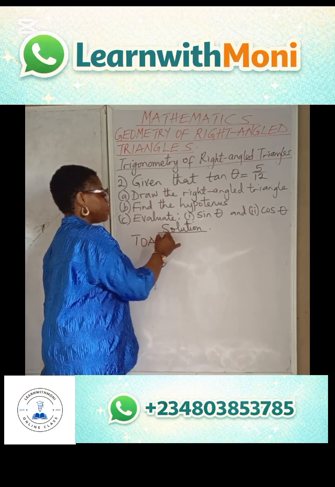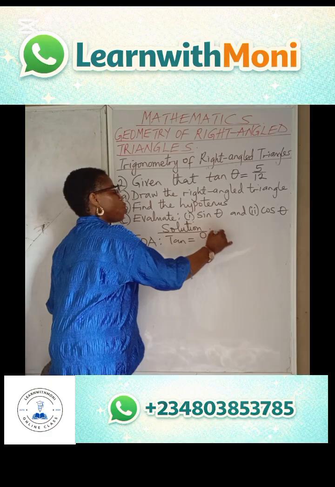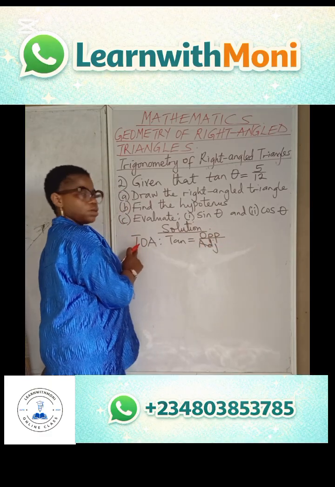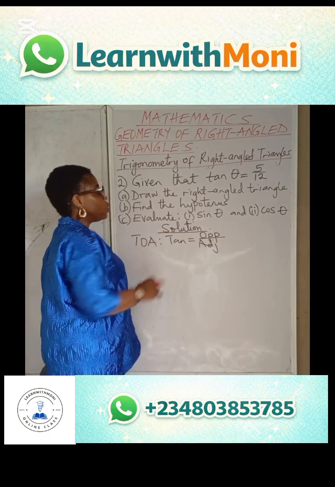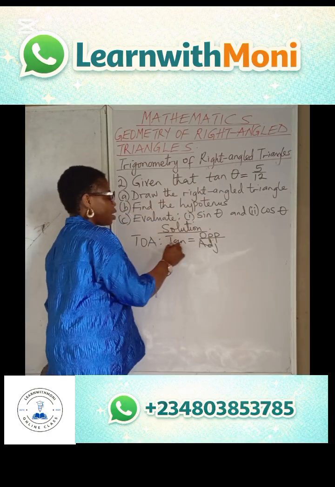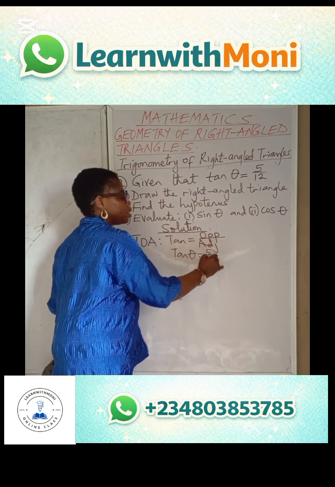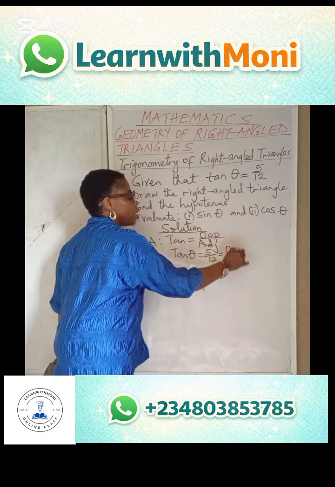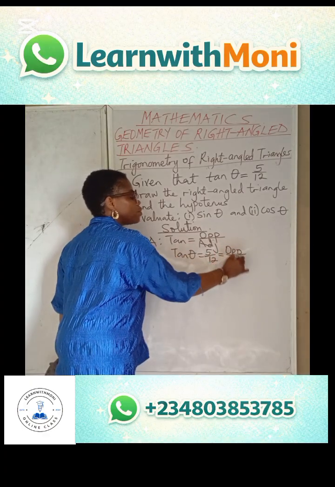And TOA means tangent is equal to the ratio of opposite to adjacent. Tangent equals opposite over adjacent. So we are given tan theta as equal to 5/12. This is depicting that opposite is 5 and adjacent of angle theta is 12.